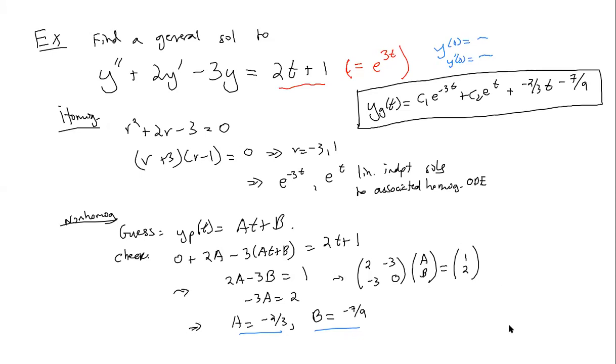So page 178 is, at least in the book I'm looking at, which tells you kind of what to guess. For example, let's do another, let's do e to the minus 3t as our right-hand side and see what might go wrong.